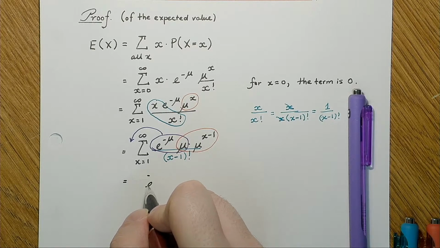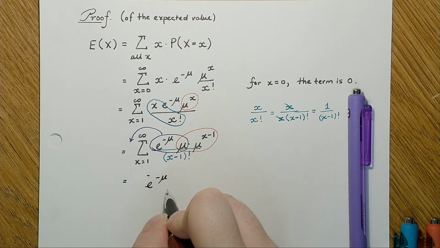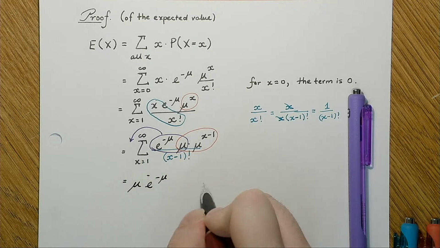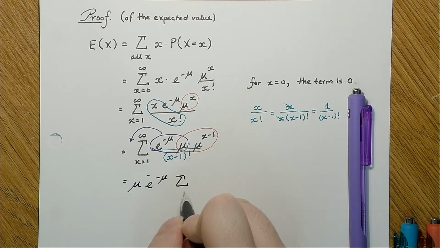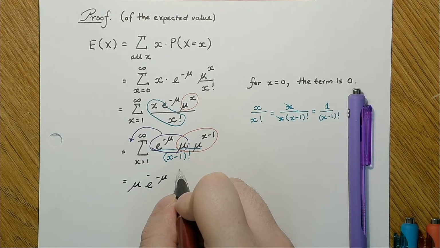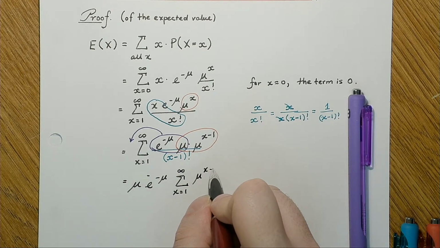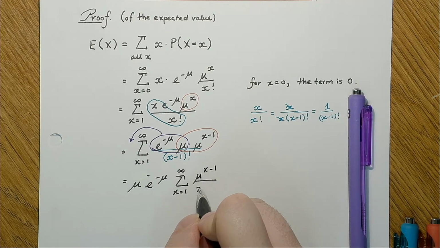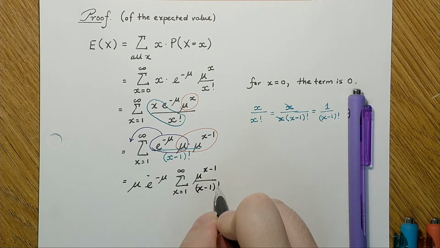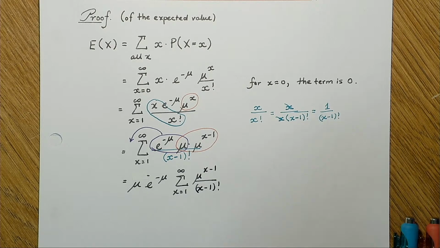So I have e to the minus mu, and I have this summation of mu to the x minus 1 over x minus 1 factorial. I'm going to change my, let's call it my counter variable.